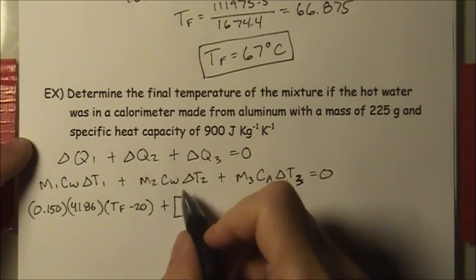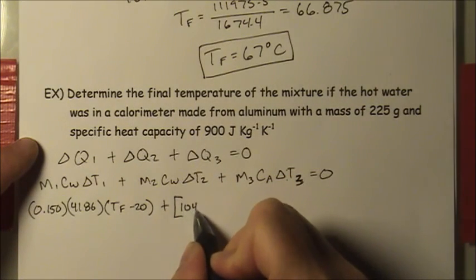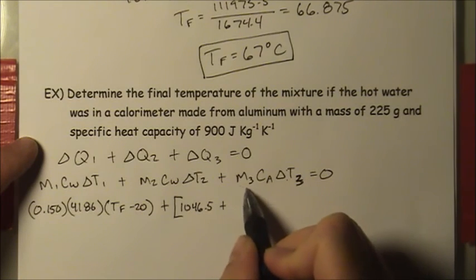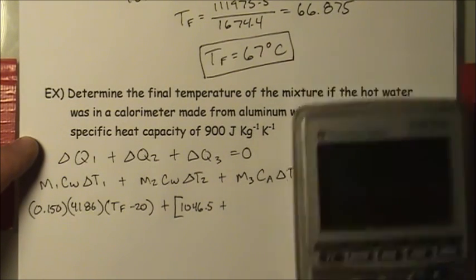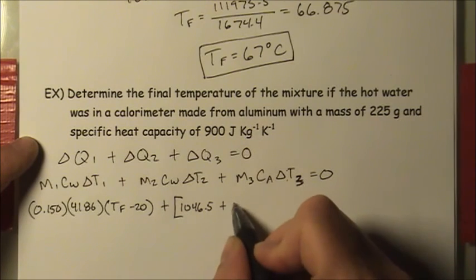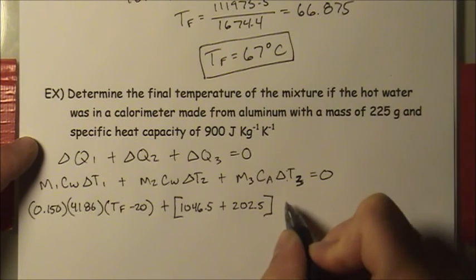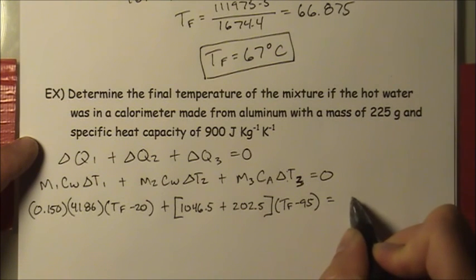The number from the top was 1046.5 plus the M3CA, so that's going to be 0.225 times 900, that is 202.5, times the final temperature minus 95, and that'll be equal to 0.